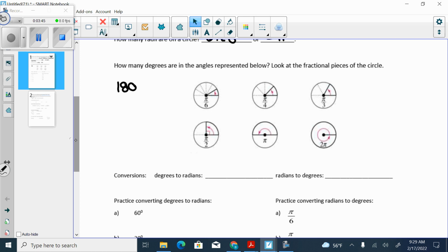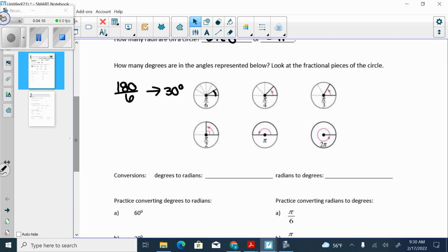And in this first problem, they took that 180 and they split it into equal sections. On this first figure, how many pieces did they split the top into? 6. So if I take my 180 and divide it evenly into 6 pieces, I should know how many degrees one section is, right? So what is 180 divided by 6?